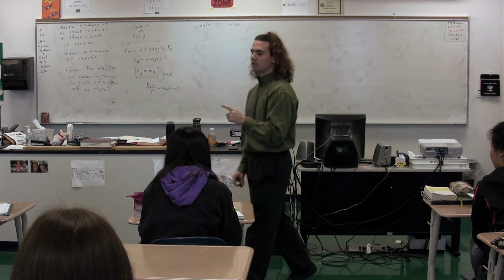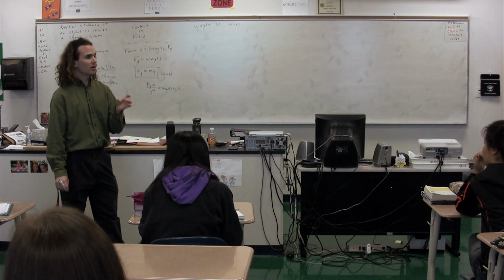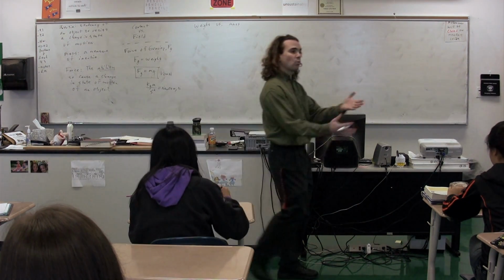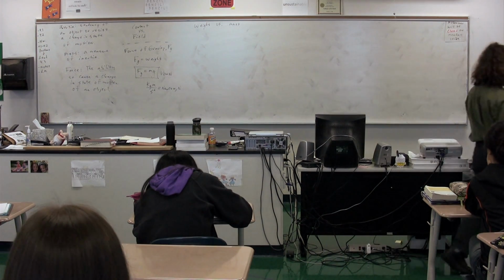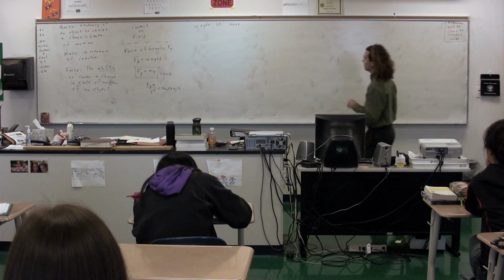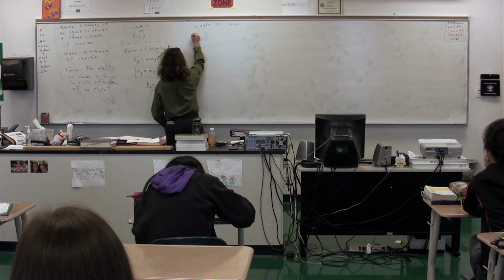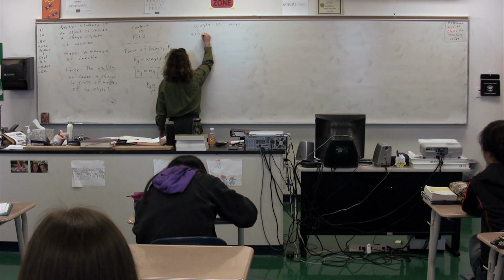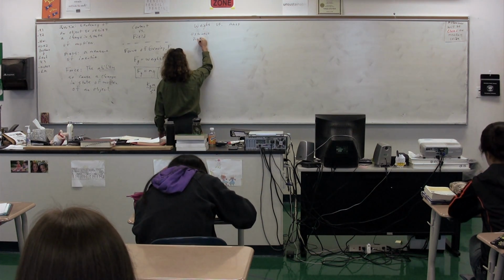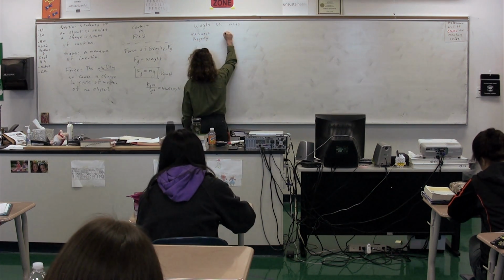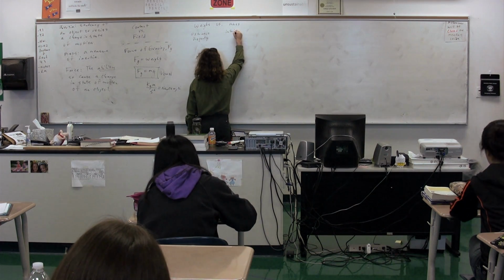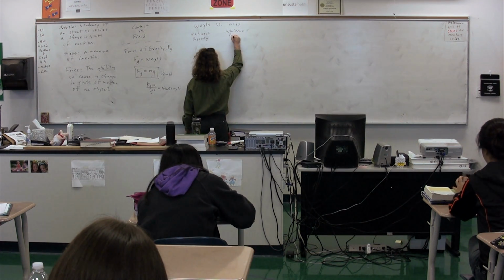So notice that weight is what is called an extrinsic property, whereas mass is what's called an intrinsic property. The weight depends on where you are, because where you are will change the acceleration due to gravity. So weight is an extrinsic property, whereas mass is an intrinsic property.